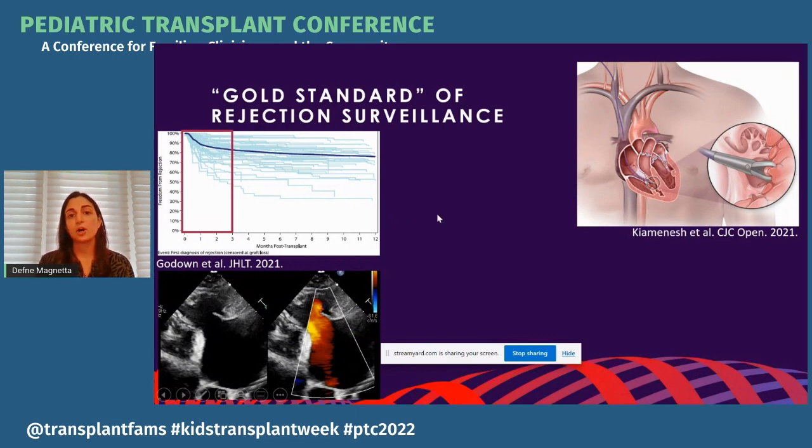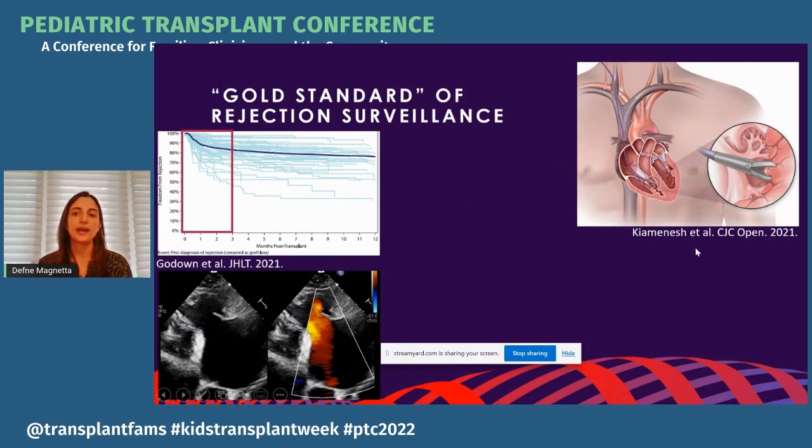And really, what's been called the gold standard of monitoring for rejection has been cath and endomyocardial biopsy since it was first introduced in the 1970s. And here you can see in the upper right corner the technique of performing biopsy.